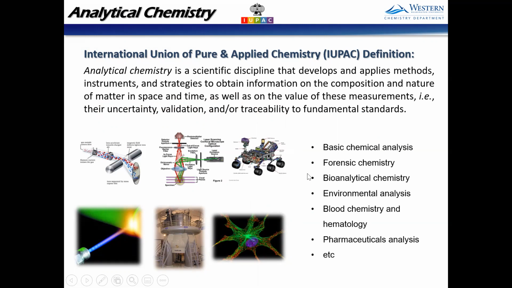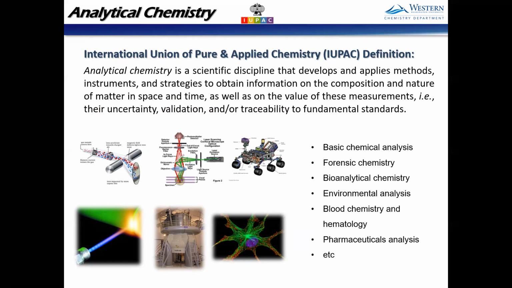So it is true, because analytical chemistry is a tool for finding out information. There are many different branches of analytical chemistry, like forensic chemistry, bioanalytical chemistry, environmental, and pharmaceutical analysis. It's all related to analytical chemistry.